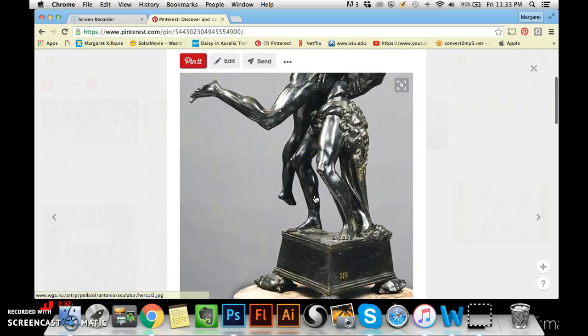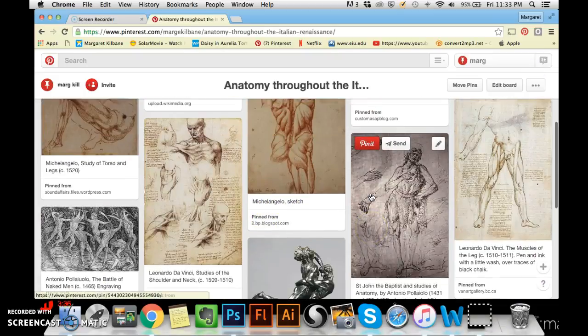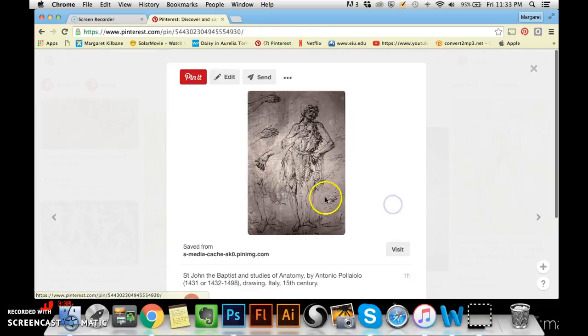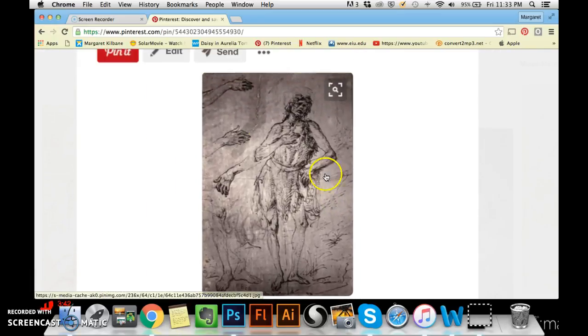So this is one of his works. And then I have one more, which is this one, which is a study of John the Baptist, and it shows different hand studies, and here's the figure.